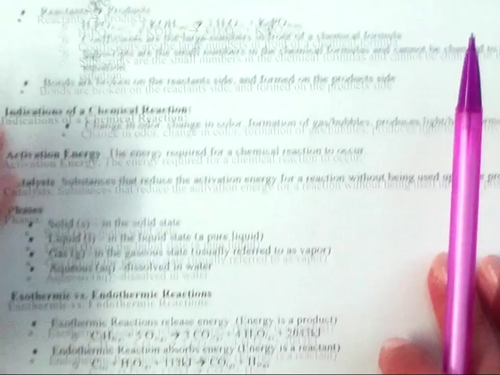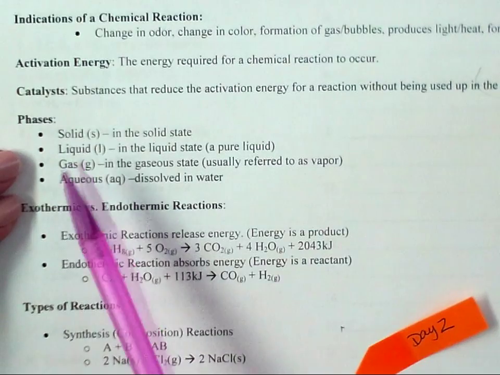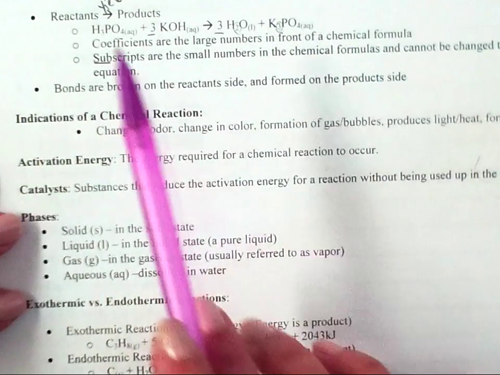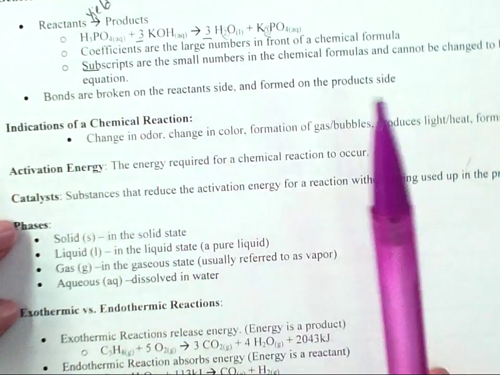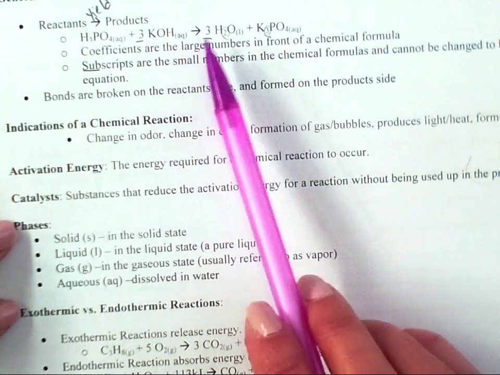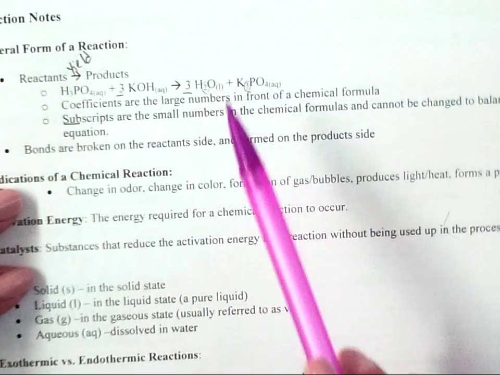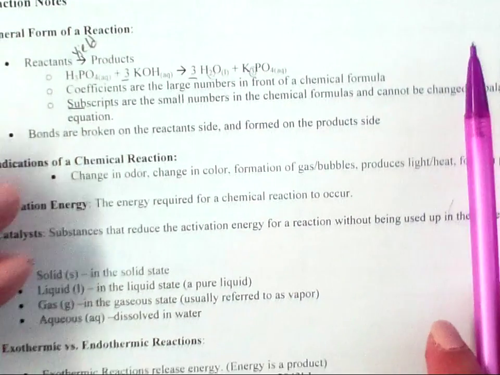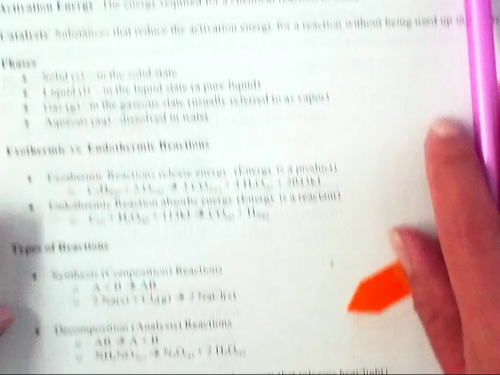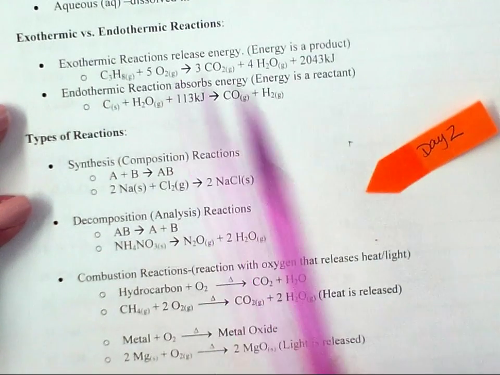These just represent what state of matter they are, if it's a solid, liquid, or gas. So the hydrogen phosphate would be an aqueous. Potassium hydroxide is aqueous. And don't forget that aqueous just means it's a solution that's dissolved in water. If it says L, it's a liquid, and if it says S, it's a solid. And of course, a G represents gas.